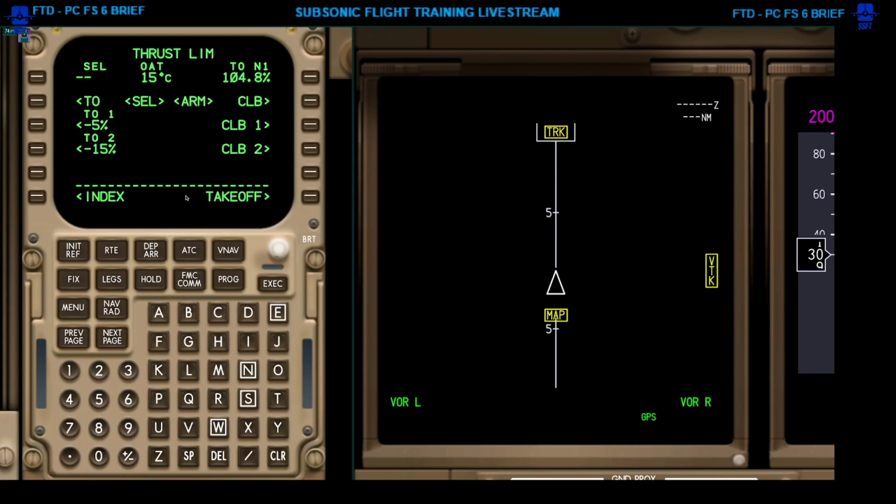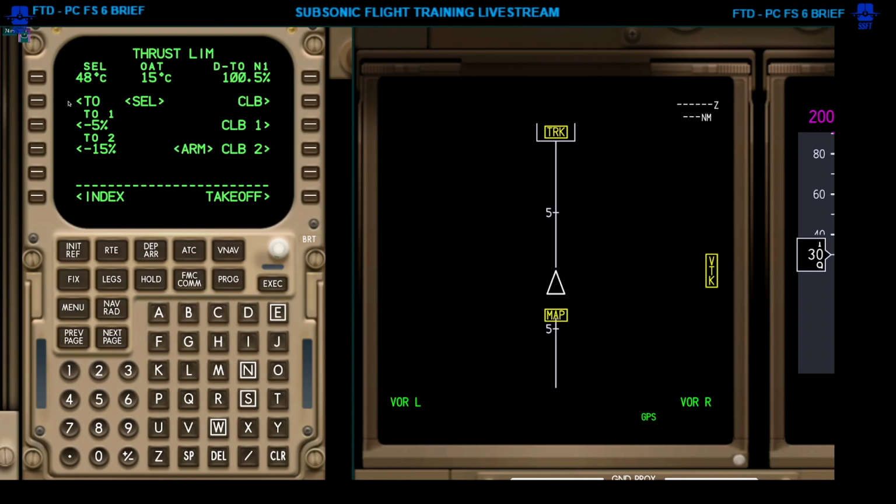If we use the assumed temperature method, then we're using a temperature that's much higher than it actually is, so we can reduce the thrust based on the temperature as long as it's okay with the weight. So if I put in, let's put in 48 degrees Celsius, we're pretending that the temperature is actually 48 Celsius and not 15 Celsius.